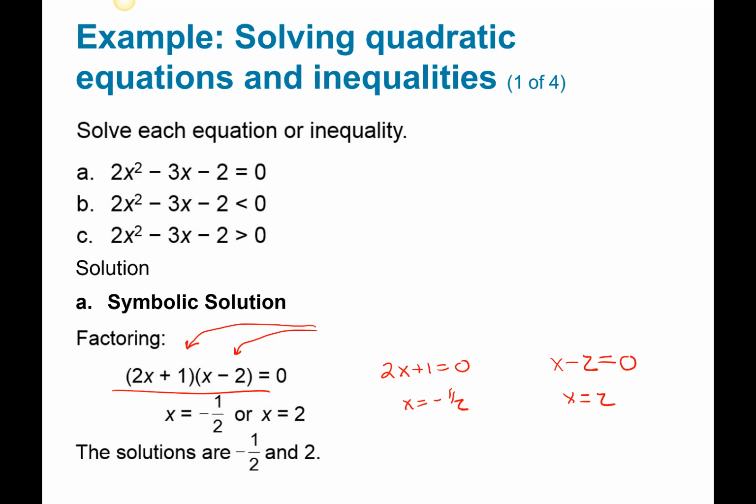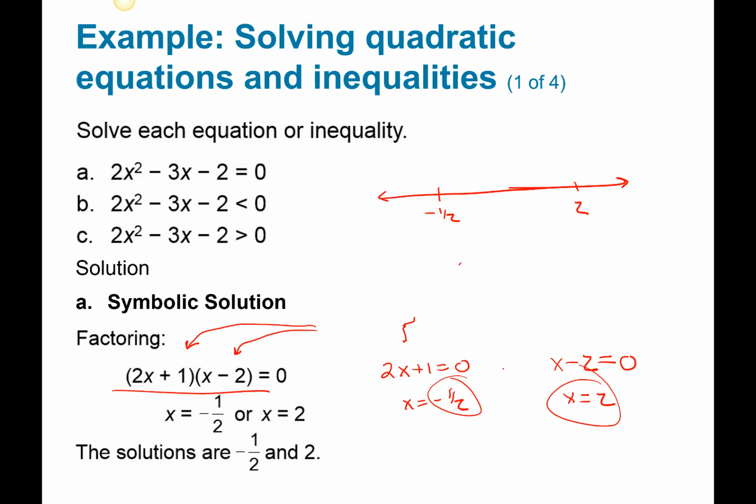Okay, where do we go from here? Well, what we can do is draw a line, set up our negative 1/2 and our 2. Where did negative 1/2 and 2 come from? Yeah, they are solutions, aren't they?